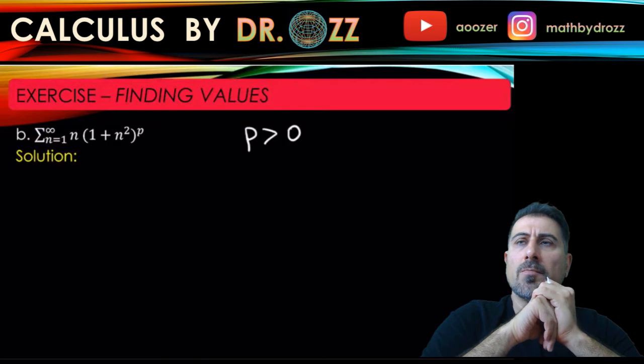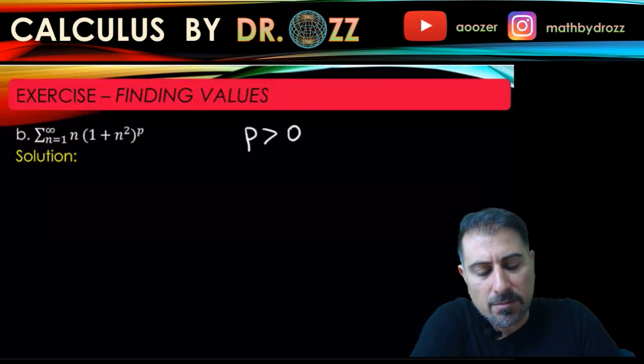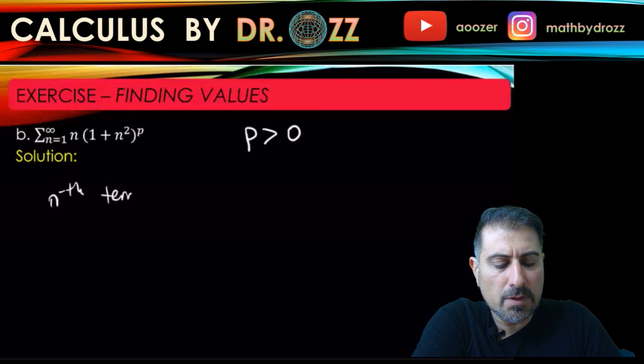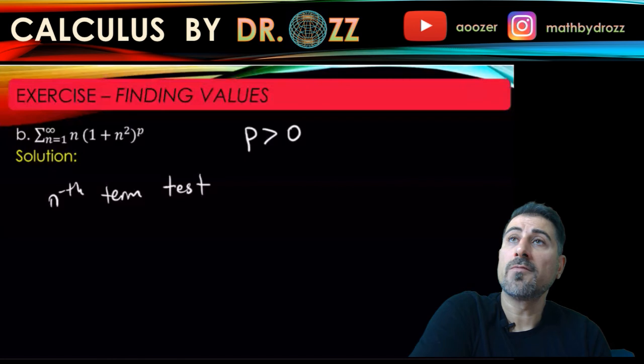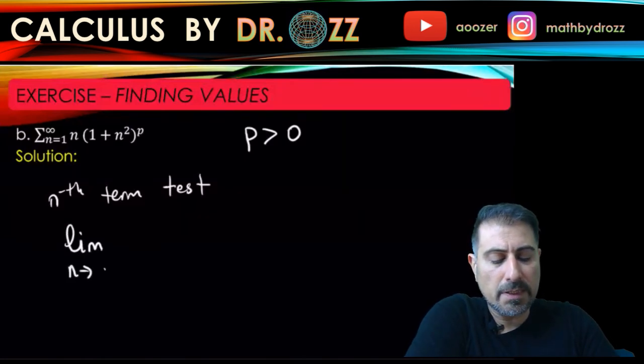I think the best strategy for this infinite series is to use the Nth Term Test. The Nth Term Test is to prove divergence for the given infinite series, and we check the limit of the nth term.